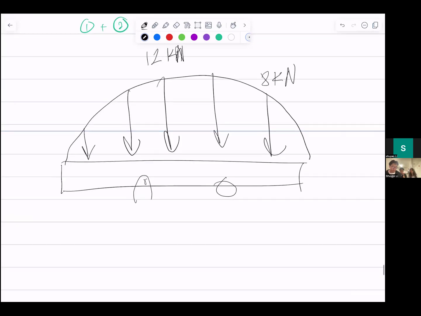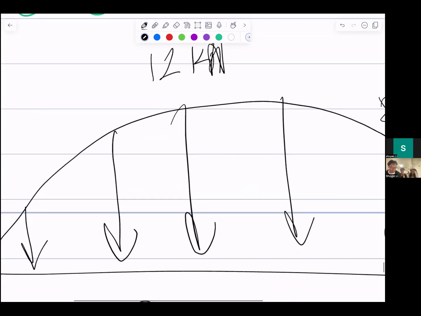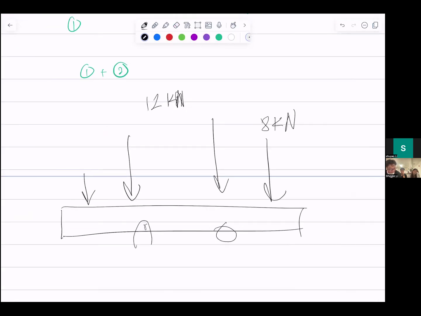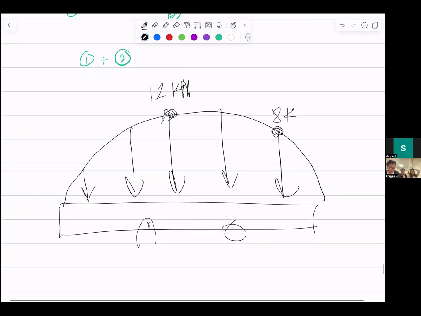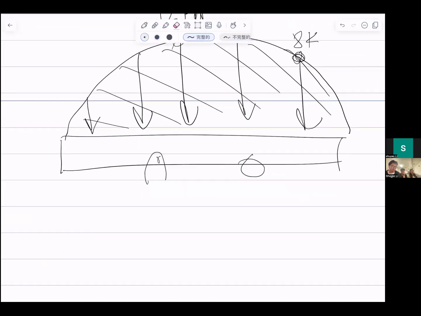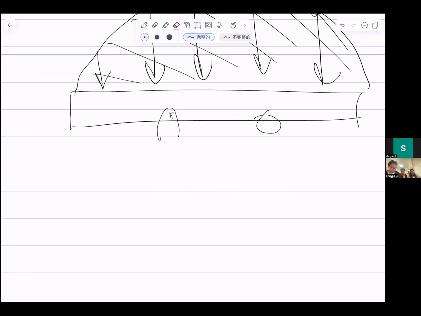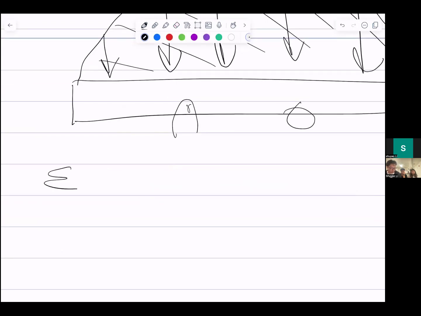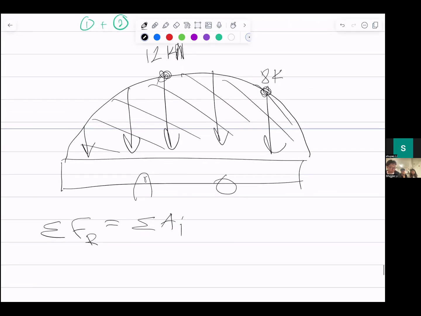We need to find how, instead of it being concentrated at these two points, it's now across the entire area below it. That would be what we call the resultant force for the distributed load. The equation would be equal to the summation of the area under here. And let's say that we were given the measurements of these segments.